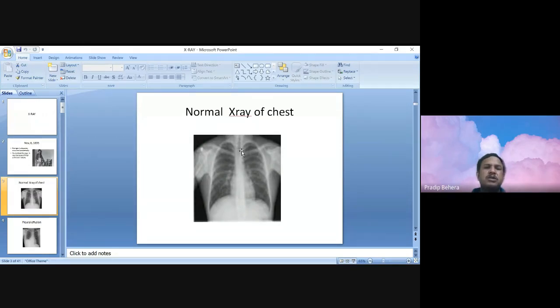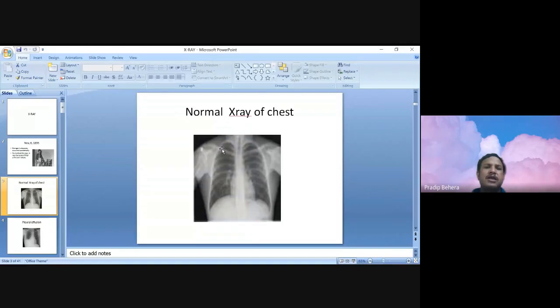So the position of the trachea, as you know, in the respiratory system examination, we always give a lot of importance to the position of the trachea as it gives some information regarding the pathology. When it is central, either there is no pathology, it is normal, or there can be some pathology which is neutralizing each other.